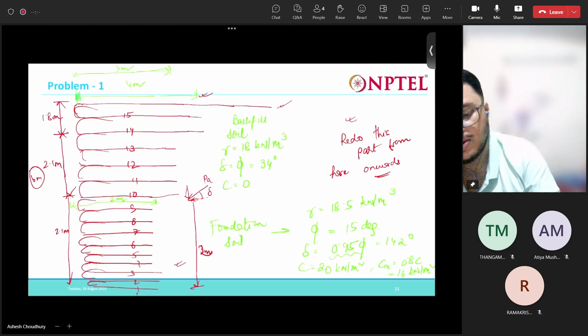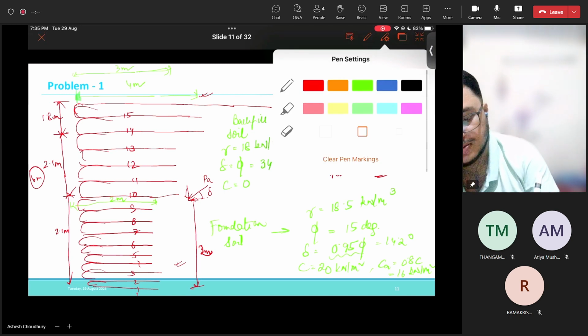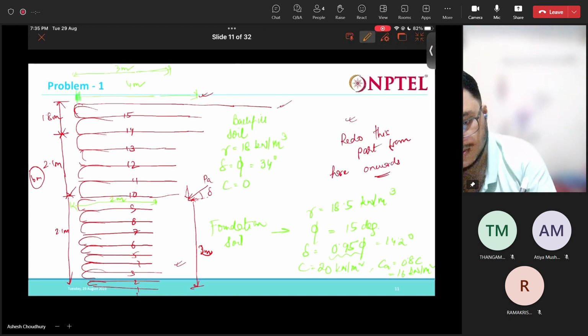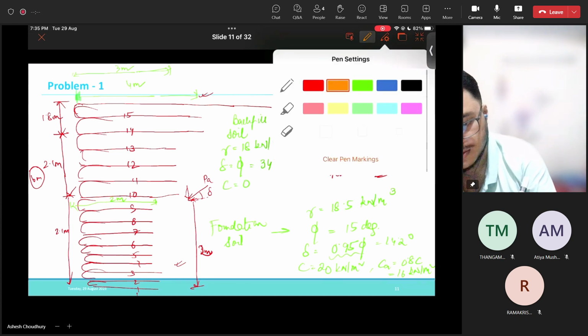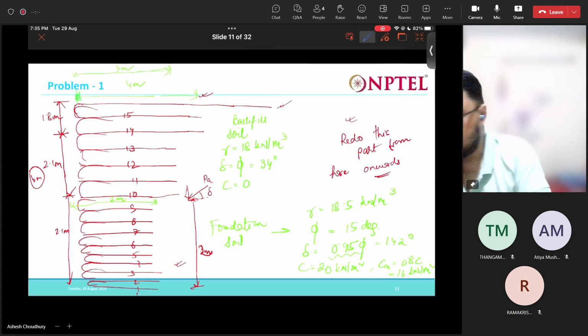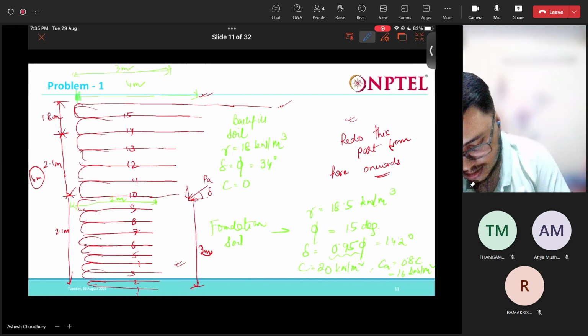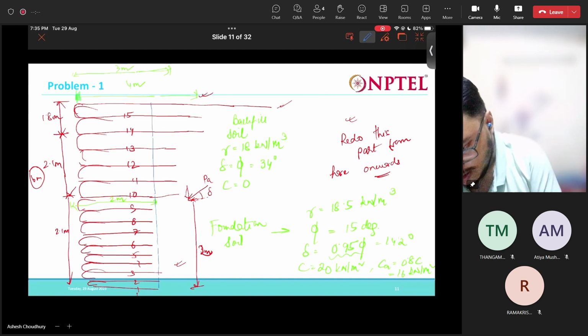Now what are these soil blocks that I am talking about? W1 is this soil block.